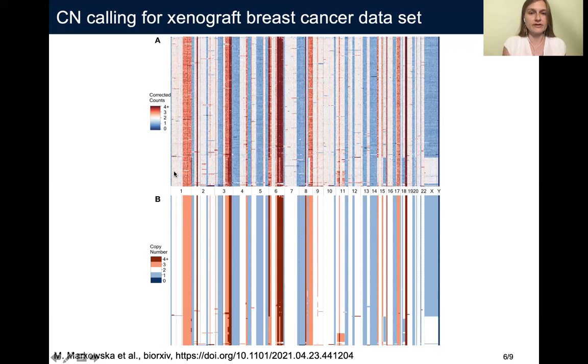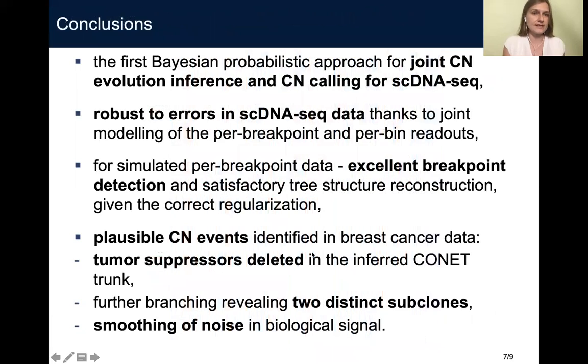And we also infer almost all copy number events, even very narrow ones, if of course they are present in enough number of cells.